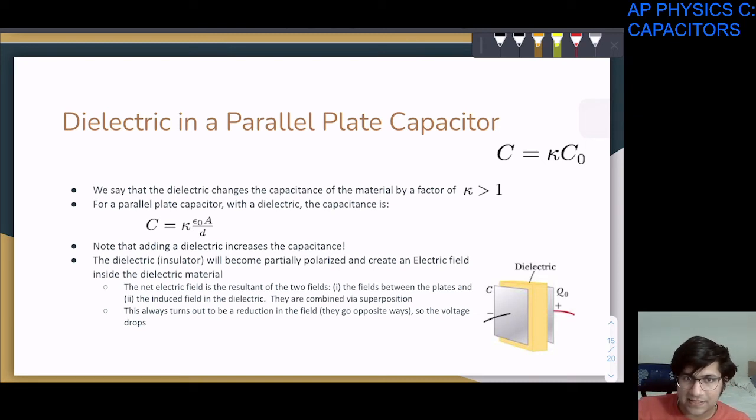Because there's an electric field due to the capacitor, the material becomes partially polarized, and the dielectric itself will create an additional field. This additional field goes in the opposite direction, so the overall voltage between the two drops.